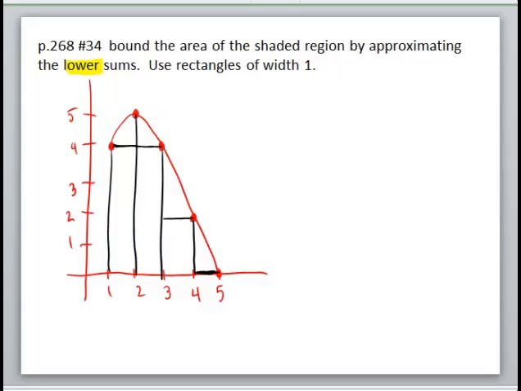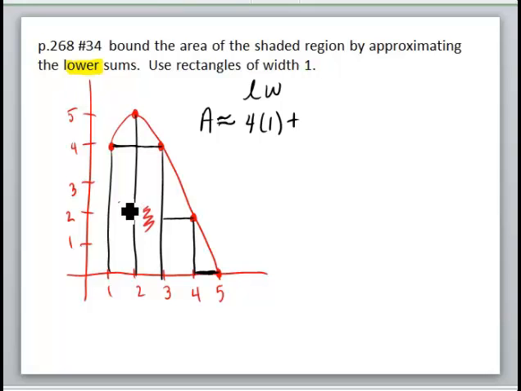So let's go back to this last drawing, and what we're going to do is find the area of each of these rectangles, and then add them together, and this is going to be our approximate area underneath the curve. The area of each rectangle will be length times width. So the length of the first is 4 and the width is 1, plus the second rectangle, which I'll put in red.